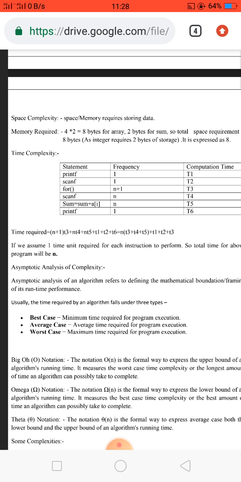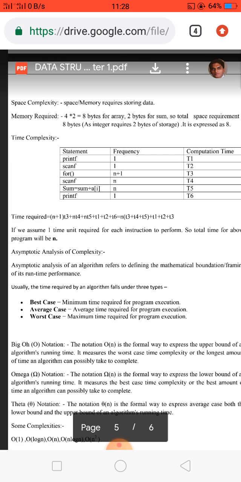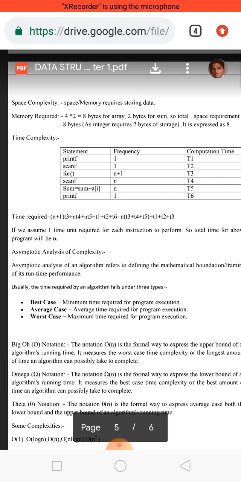And it is expressed in three notations: big O, theta, and omega. Big O provides you the upper bound of running time for an algorithm.